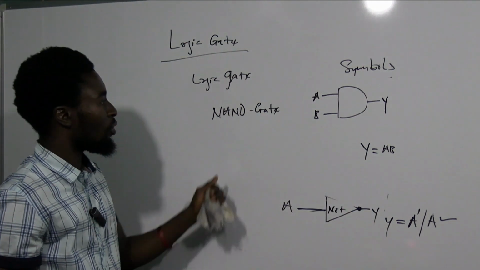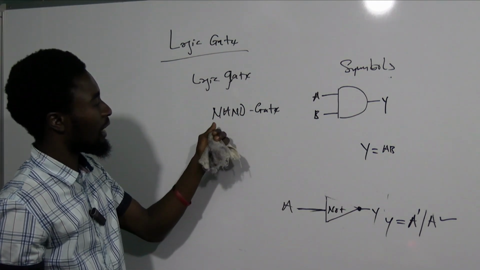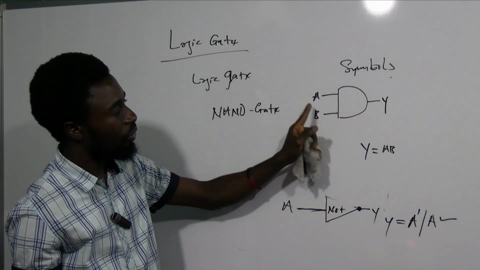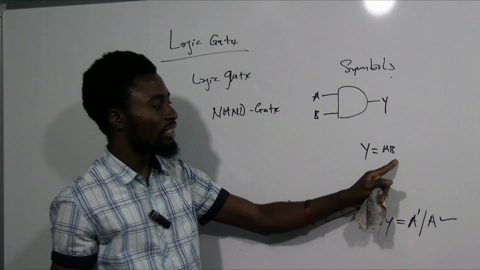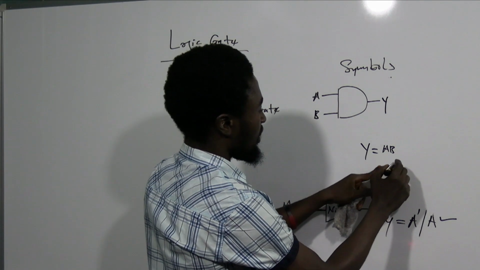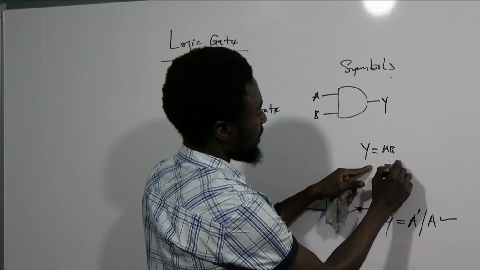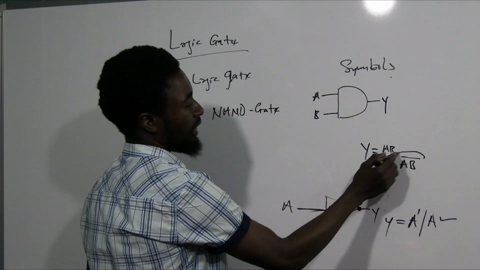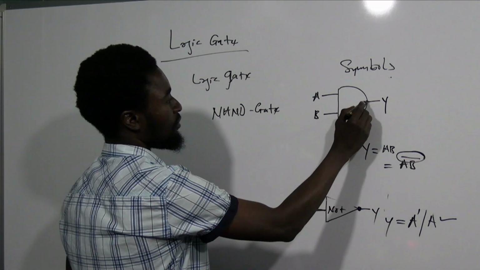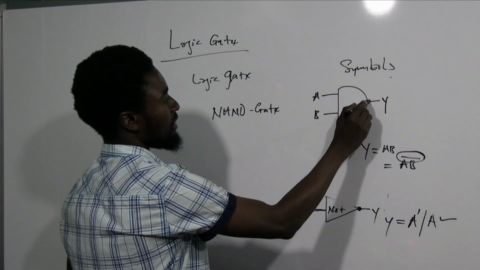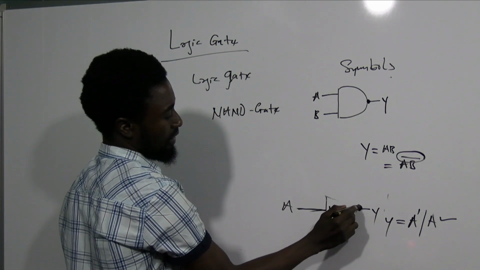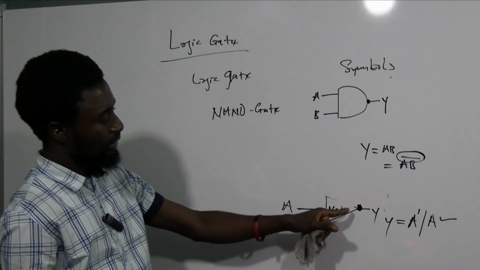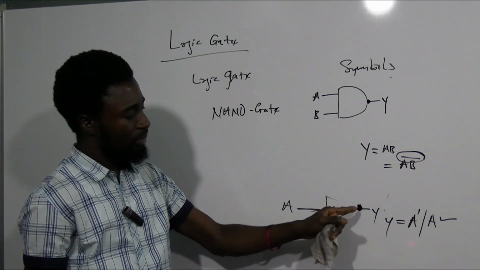But if we want to negate this output value AB, the complement will be AB bar. But how can we get this bar? We have to put this dot sign, which we have here, showing that we are taking the complement of that output.